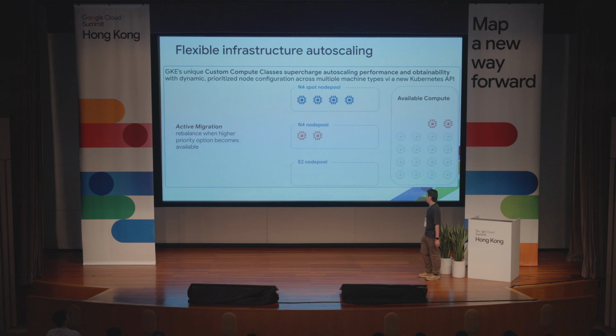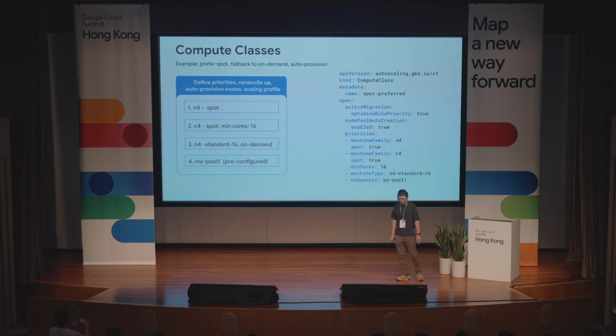And when a spot instance becomes available, active migration within CCC will do the switch over for you automatically behind the scenes, so that you get a rebalancing to your preferred priority of spot instances most of the time.